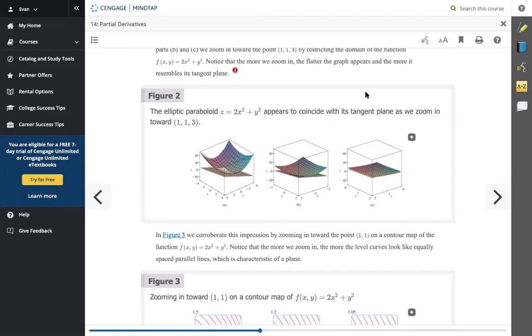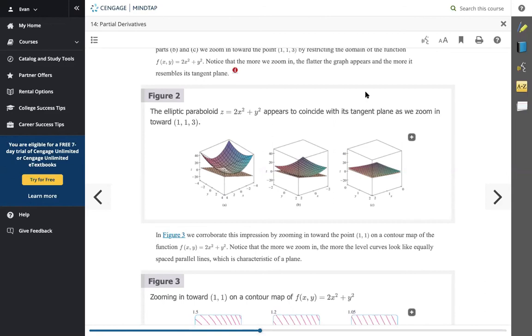So the closer I get, the more zoomed in I get, to that point, the better my approximation is. And that's just how linear approximations work in general. The closer we get to our starting point, the point we're approximating around, the better our approximation gets.